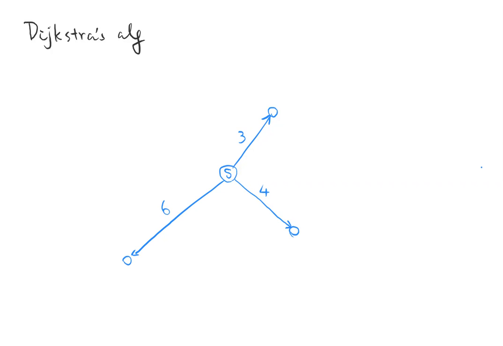In BFS, each time we walk one step, which is 1 unit. Here we can also do one step, but take the minimum of these 3.